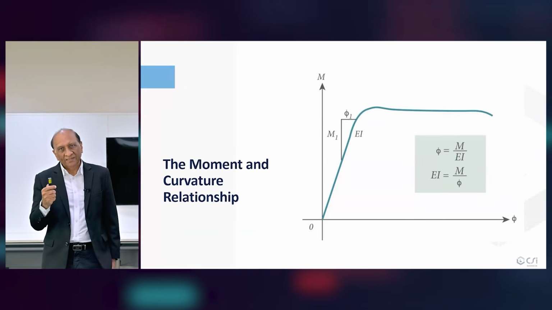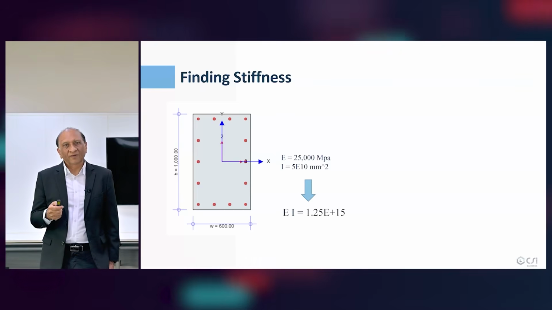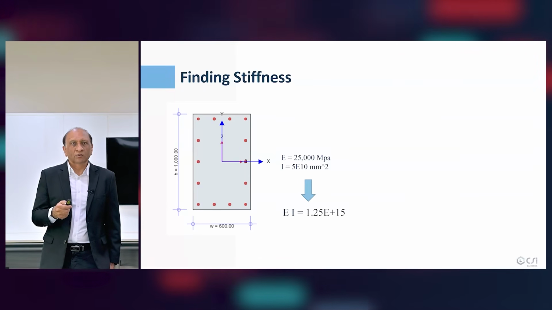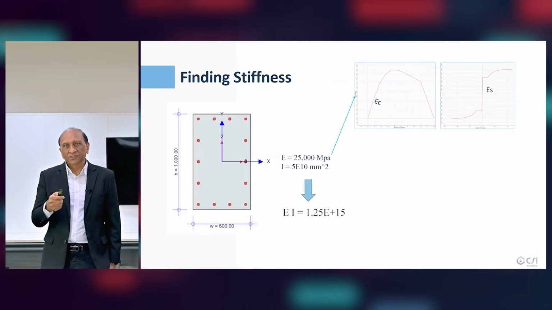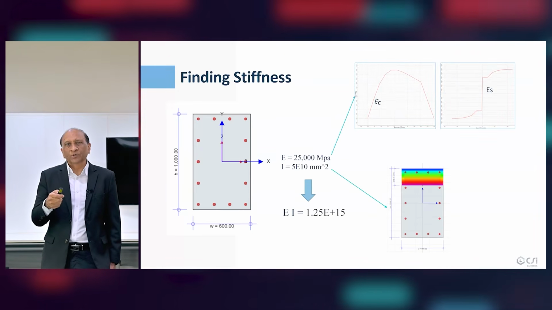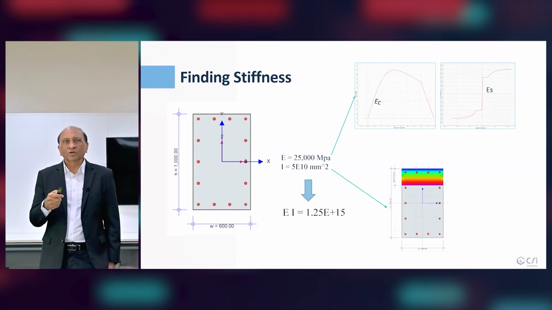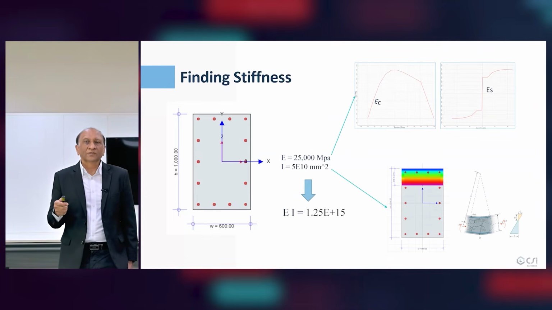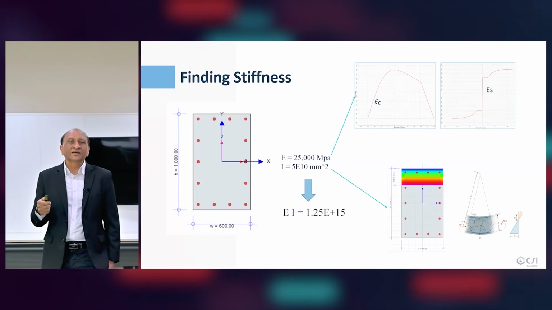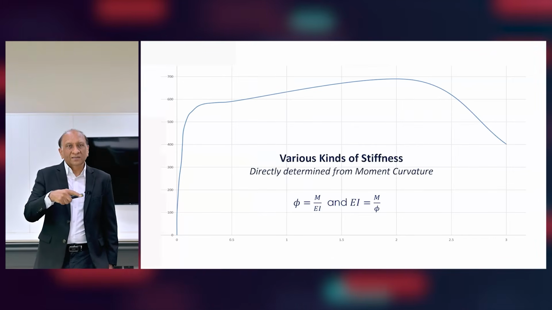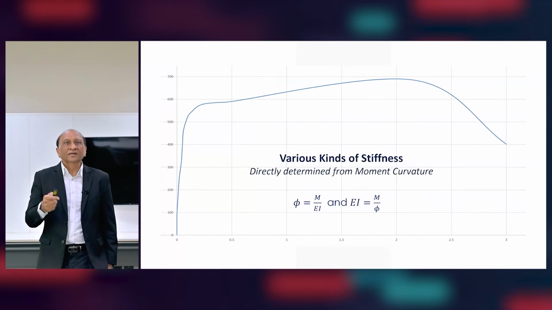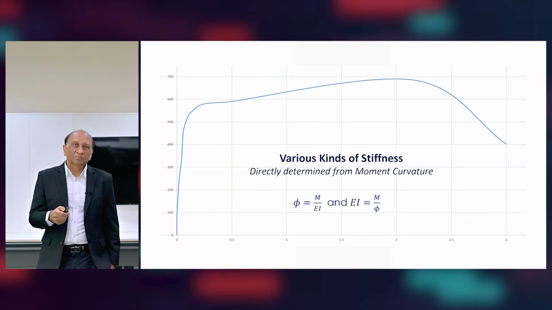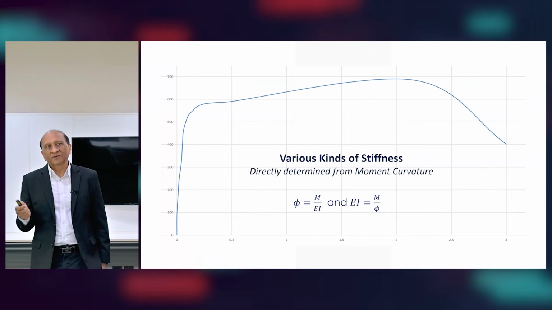We can first of all get the stiffness. For example, if this is the gross stiffness, then from the moment curvature, we have two materials. When we combine them together, we get the cracked cross-section for a particular moment, and we can compute the stiffness from moment curvature, and we can get it for different moment values or different curvature values.